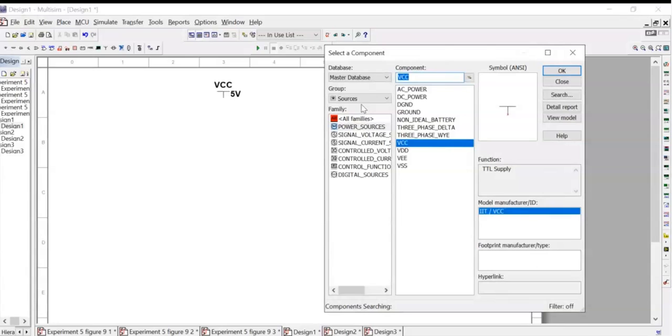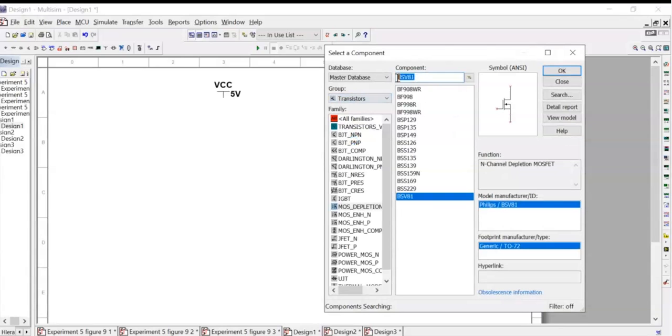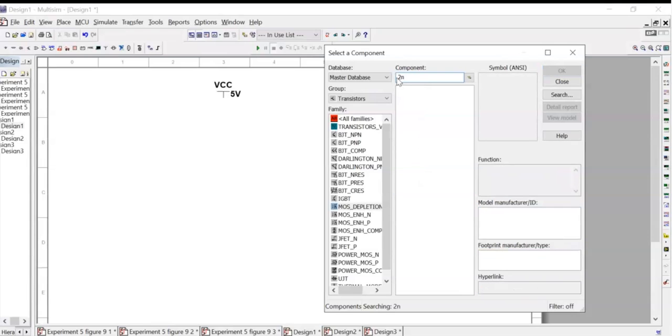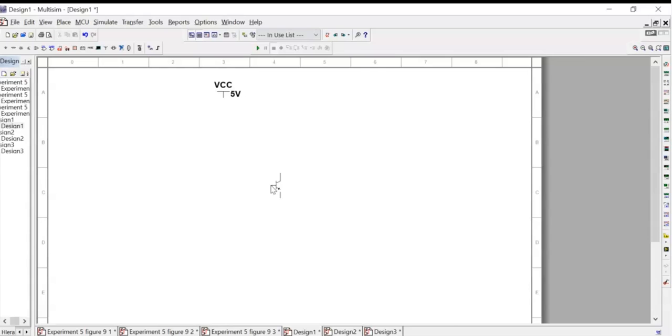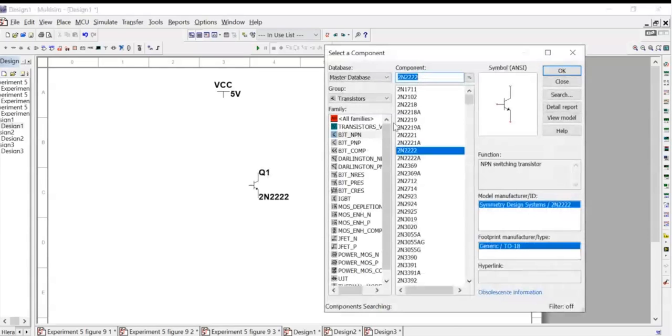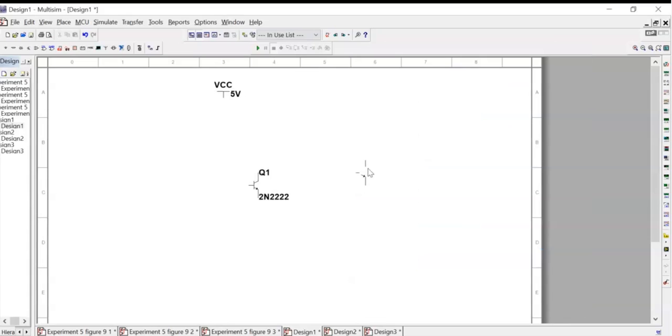We need a transistor, 2N2219, a BJT NPN. This one, the 2219.